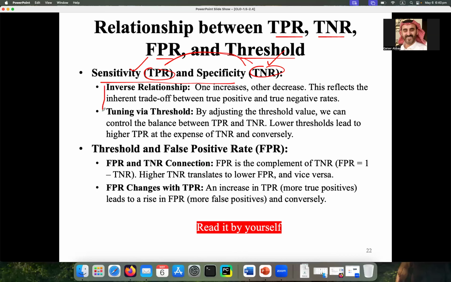You will see some theoretical statements here which show only the relationship between these terms. You just have to read this and keep in mind that this is the relationship between the different terms. Read it by yourself to save time. So I am moving next.